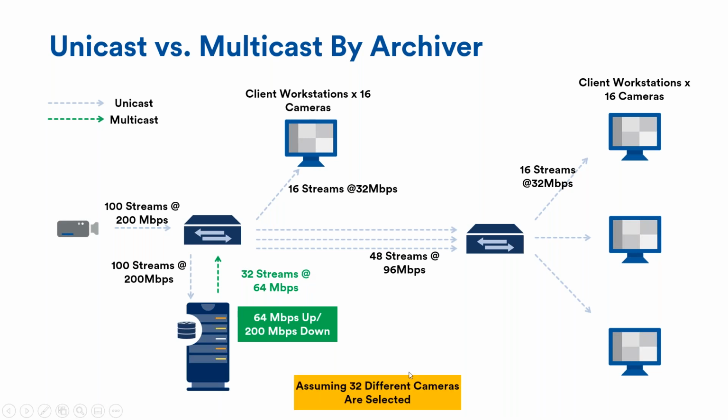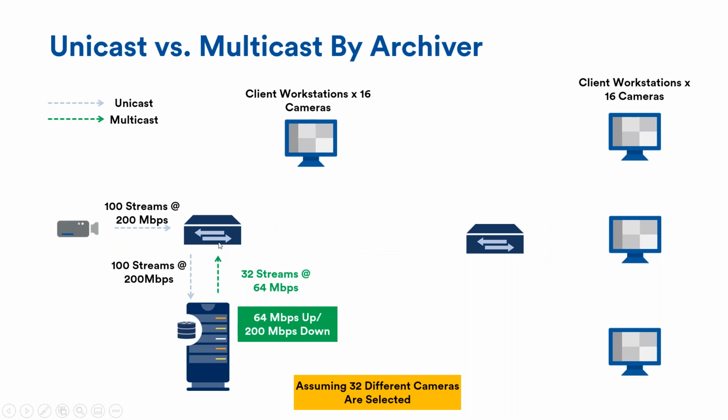That's 64 megabits per second. Now we're assuming that only 32 different cameras are being requested by these 4 workstations. So that's where we get the number 32. So 32 streams for a total of 64 megabits per second are being sent up by the archiver.